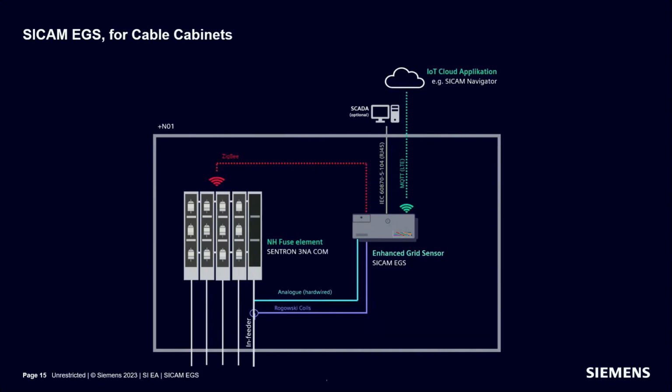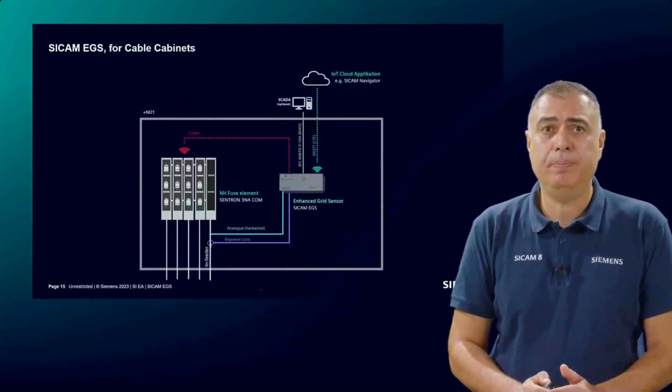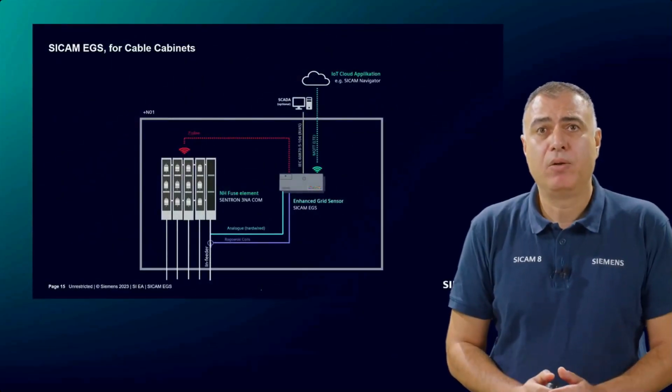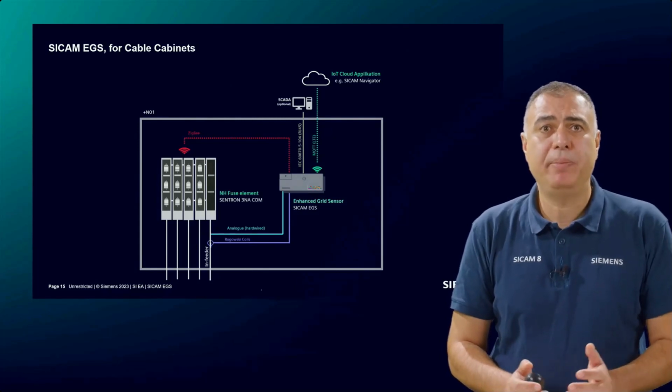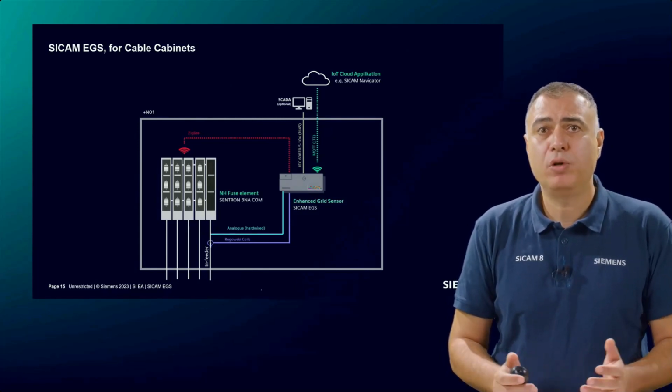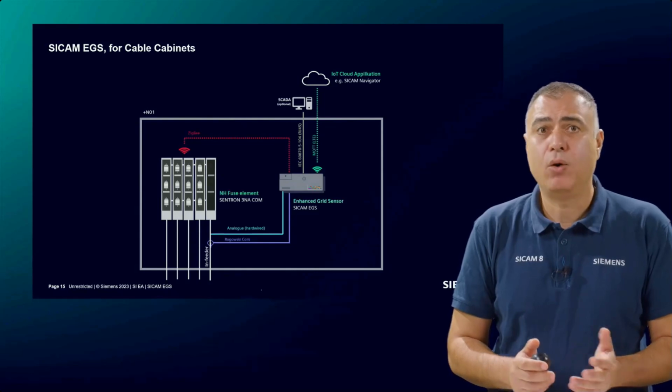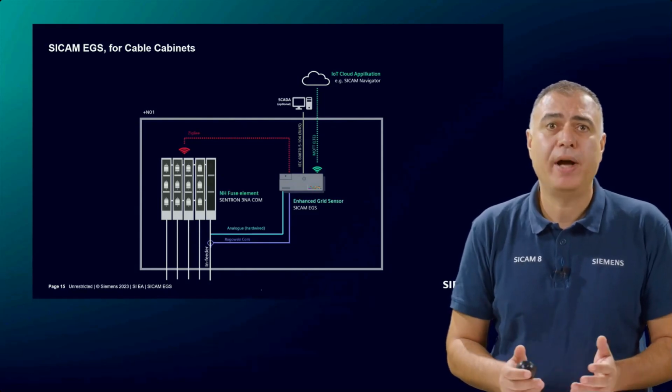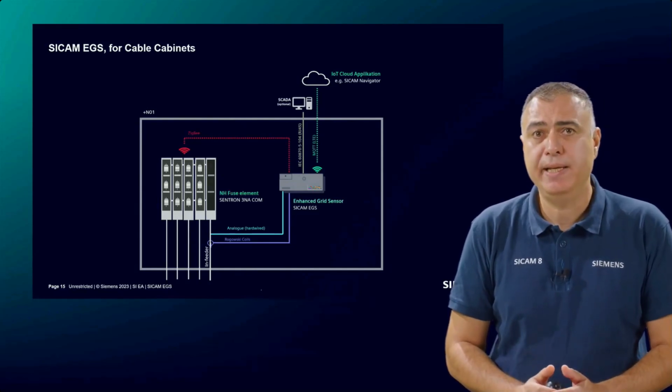This acquisition is done via the Rogowski coils and voltage inputs. Data from the 3NA fuses is retrieved via the SIGP protocol. Depending on the customer requirements, available data can be forwarded to the SCADA and or cloud systems via the network or LTE interface.